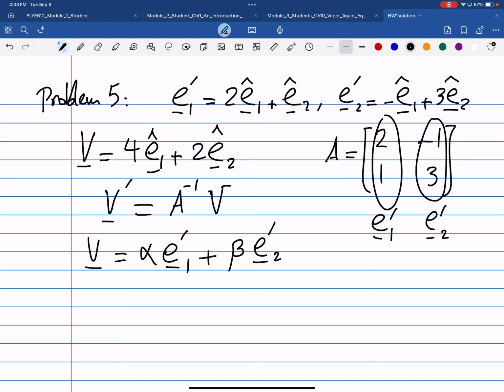And you can do it in 3D also the same way. Do we know what e1 prime and e2 prime are in terms of e1 and e2? We have it, so you can replace it over there.